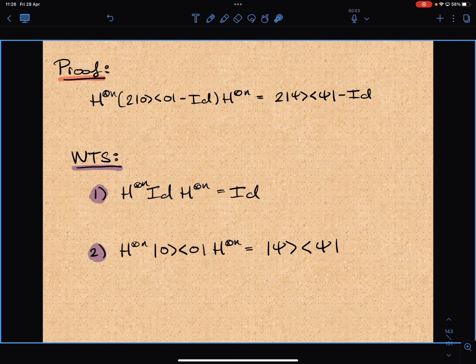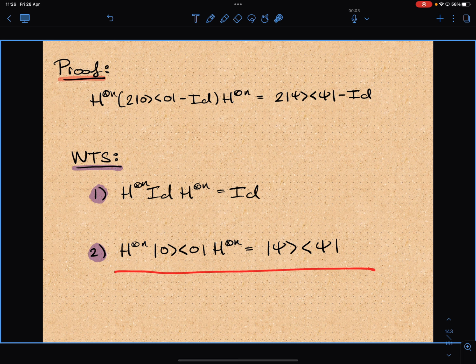By distributing these Hadamard operators, it is sufficient to show these 2 identities. One, that Hadamard times Hadamard is equal to the identity, and the other, that this is equal to psi psi. And this one is not going to be very difficult.